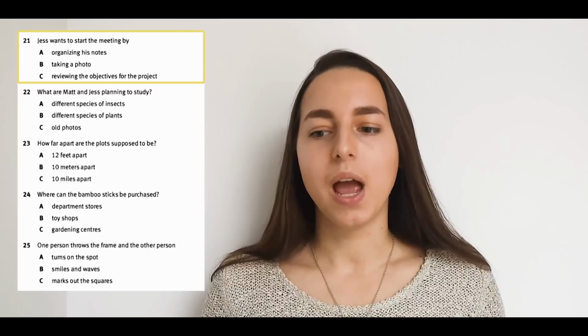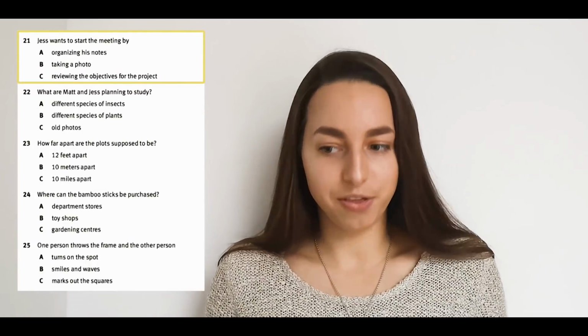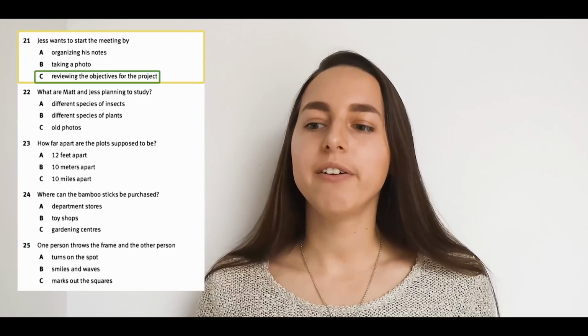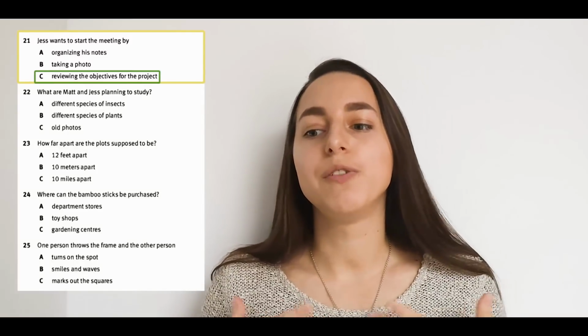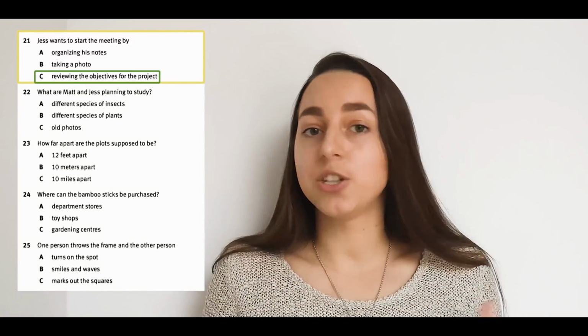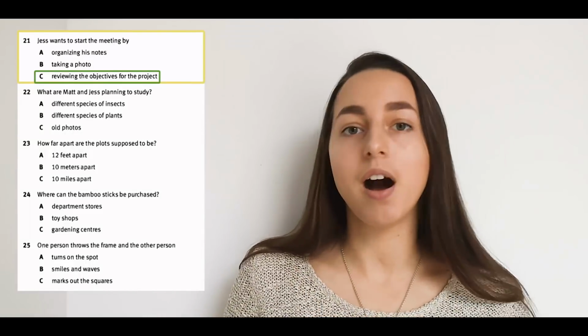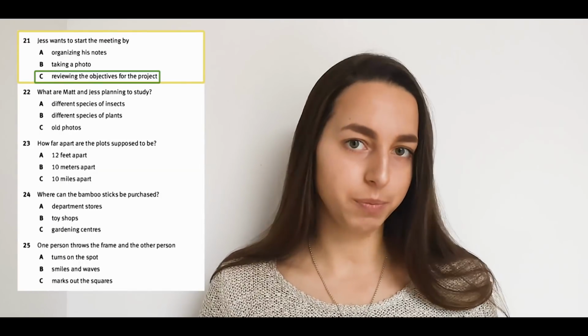In the very beginning, when Matthew asks, where shall we start? She says, I think it would be a good idea to clarify our objectives. To clarify our objectives is the same as to review the objectives. It's not organizing the notes, it's not taking a photo, so options A and B are out, and option C is the correct one, reviewing the objectives for the project.